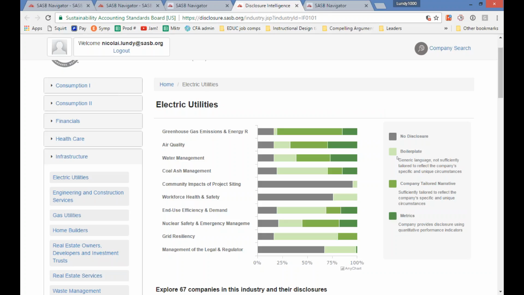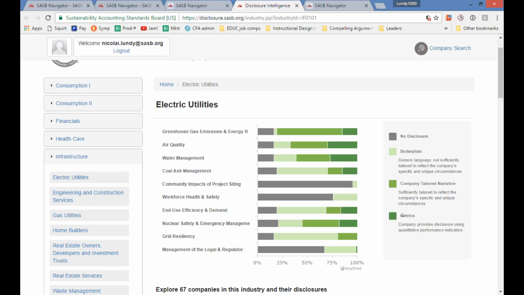Is it boilerplate, which we use as a term to describe generic language that could be applied to any company? You can copy and paste it, and it doesn't give you any insights into one company over another. It could be company-tailored narrative, which gives you some insight into the specific company, but doesn't give you particular details as to how they're managing a particular opportunity or a risk.